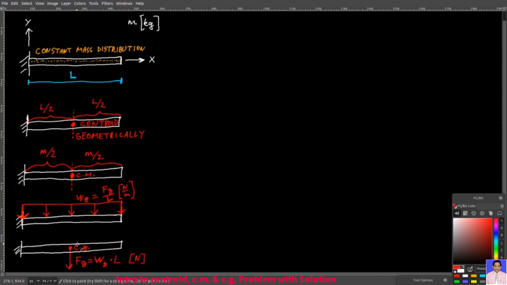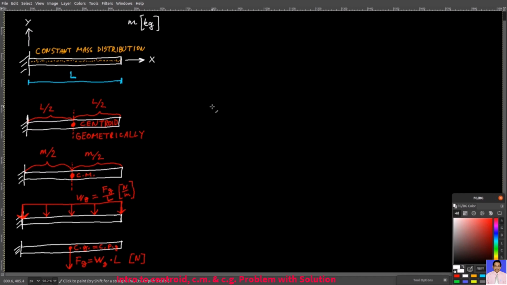And that center of pressure due to gravity is called the center of gravity, or simply CG. So CG is the same as the center of pressure of the gravity force distribution.